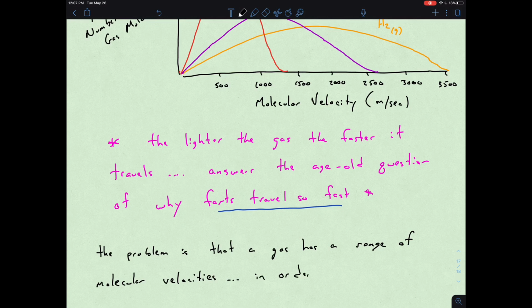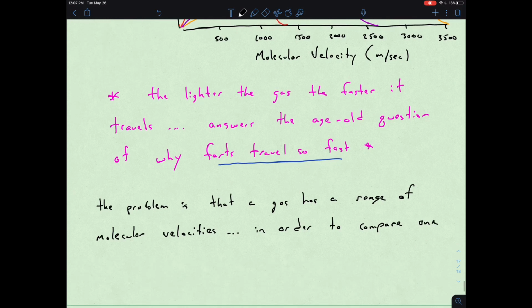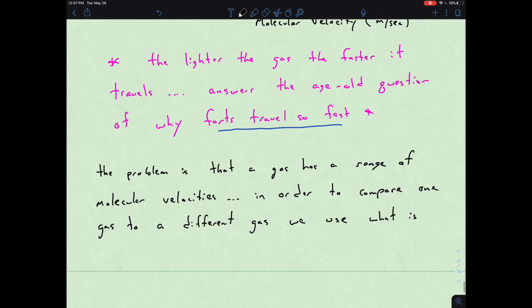And so in order to compare one gas to a different gas, we use what is known as root mean square velocity.